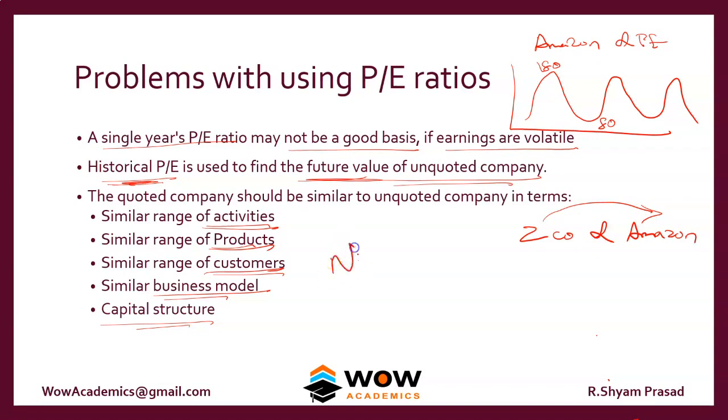The answer is no. So we should not use Amazon's PE to value Zco. But this also happens in reality. Even though there is no very similar company, they use a very near company as a proxy. They take the very similar company's PE ratio and try to value an unquoted company. That is how it works.